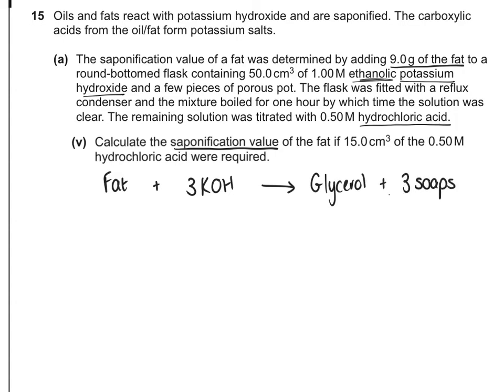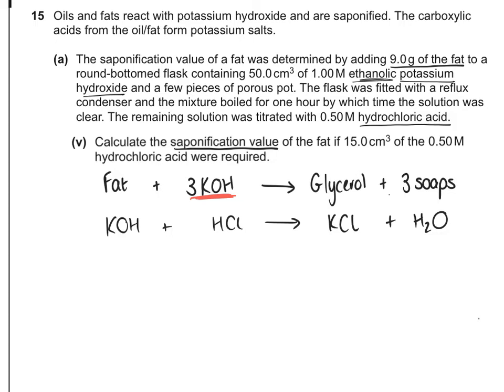That's just the fatty acid chain, but it's the potassium salt of the fatty acid chain. So this is a hydrolysis reaction. We're adding in a known volume of potassium hydroxide, but it's an excess amount. So we then take the excess potassium hydroxide and react it with hydrochloric acid. That will give us potassium chloride and water.